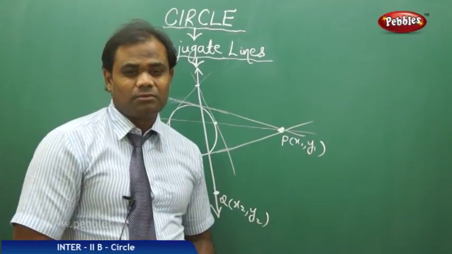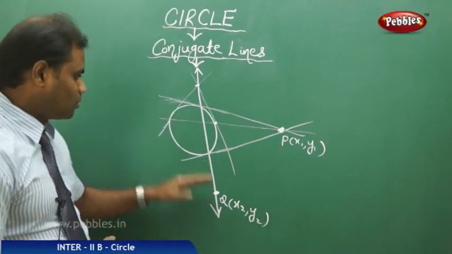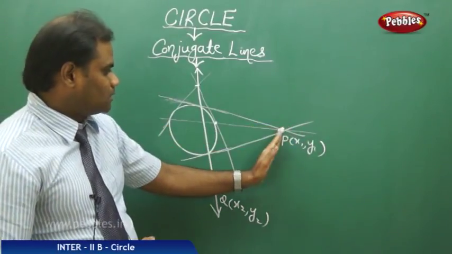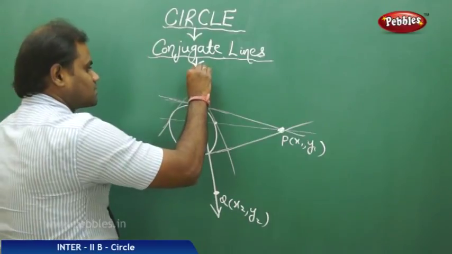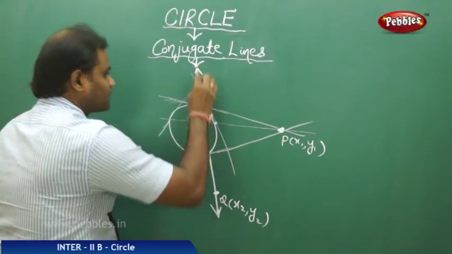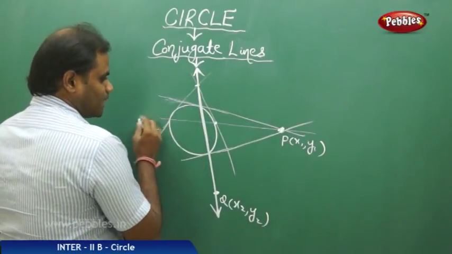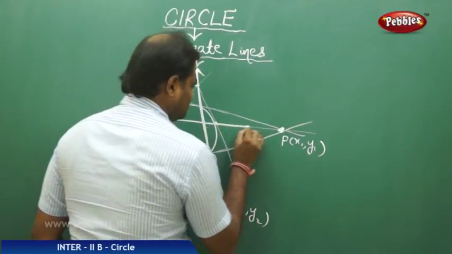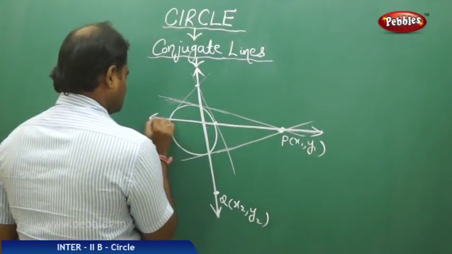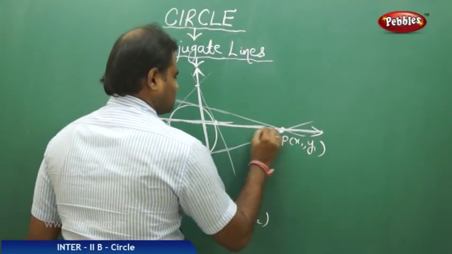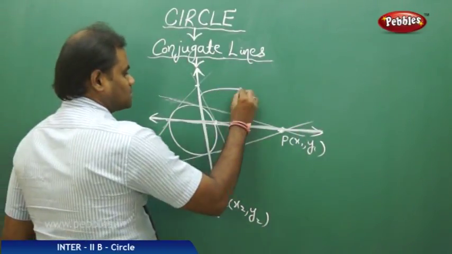Therefore, these two points are conjugate points, and the lines involved with the conjugate points are called conjugate lines. That is, the polar of Q and the polar of P are said to be conjugate lines. In this case, this and this are said to be the conjugate lines.